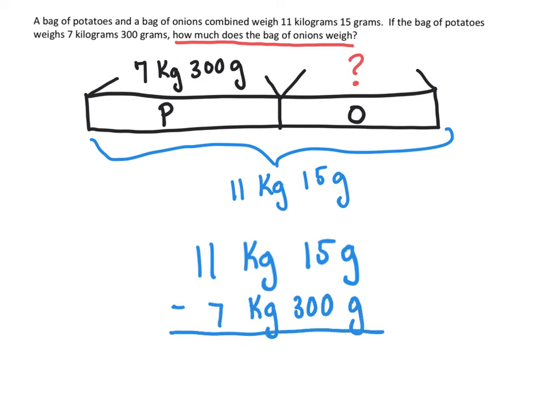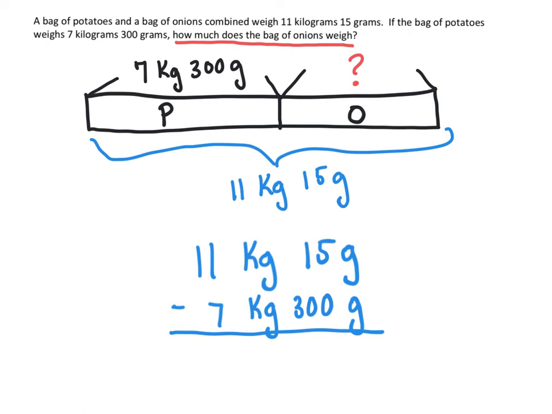Well, just by looking at this, guys, we see that there's a problem, because you see that this 15 grams is smaller than 300. So we can't subtract that. But we do see over here that it has kilograms. And we know that there is 1,000 grams in 1 kilogram. So guys, what we actually could do is take a kilogram from this 11 and add that 1,000 to this side. So how is that going to look?